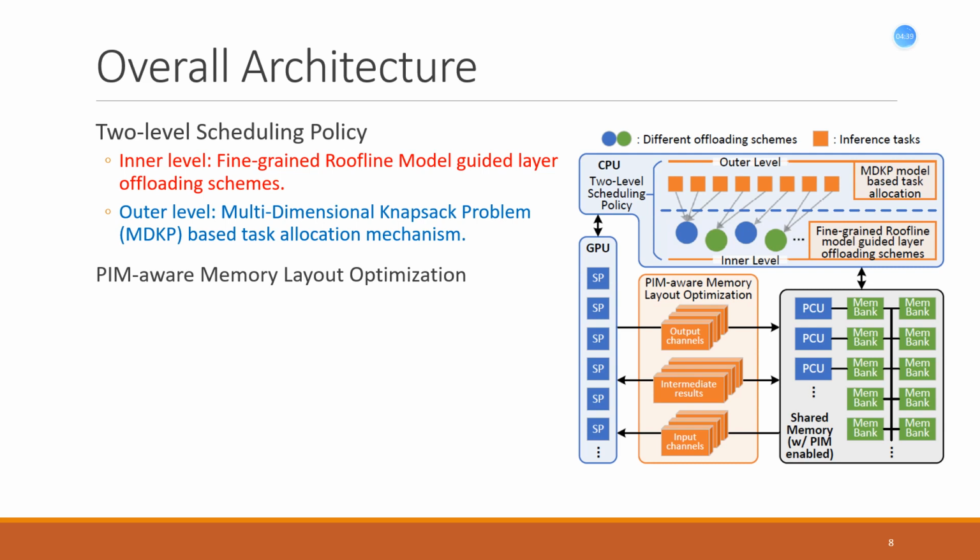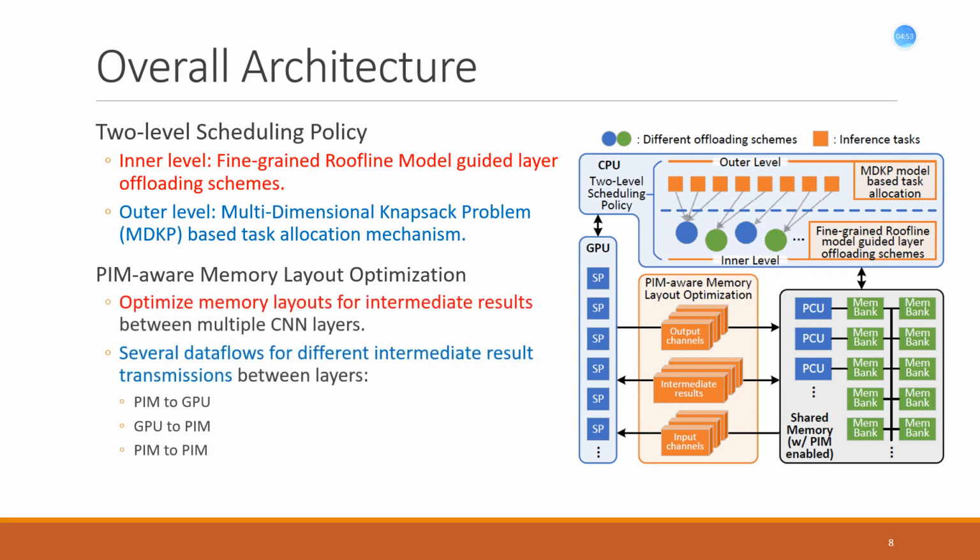At the outer level, for multiple inference task allocation, we model it as a multi-dimensional knapsack problem and solve it by a dynamic programming algorithm. As for the memory layout optimization, we first analyze the intermediate results between CNN layers, then propose several different data flows for data transmission from PIM to GPU, GPU to PIM, and PIM to PIM, respectively.